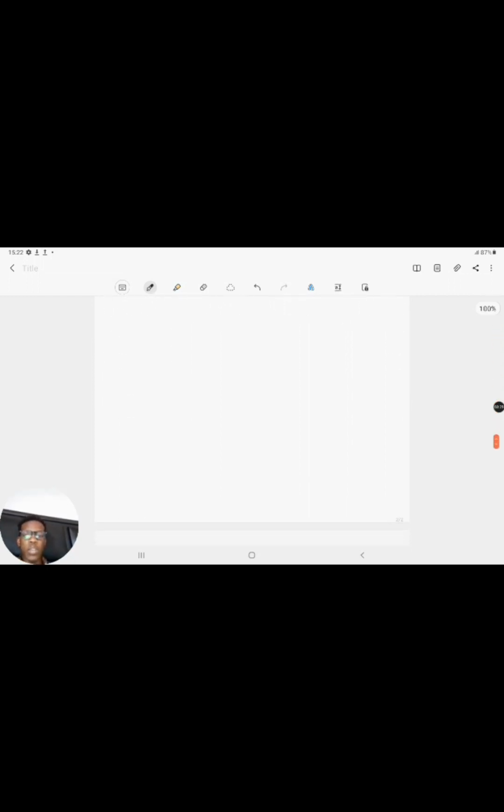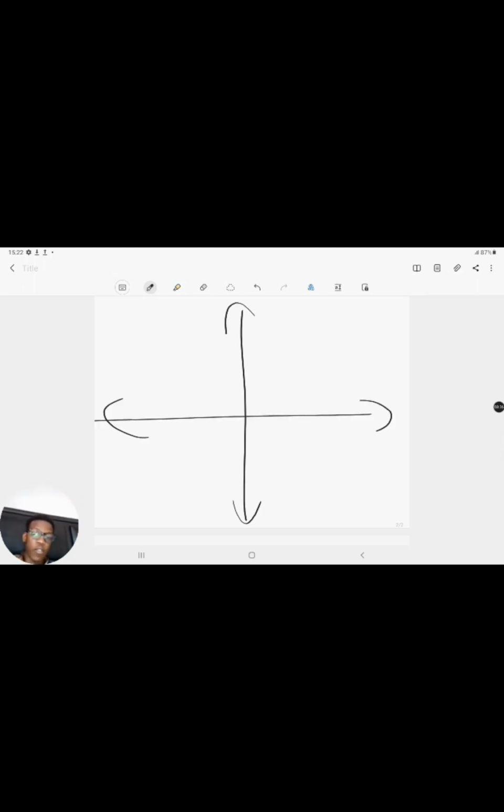I'm just going to quickly explain what that means again, but I did explain it in the first video on functions. If you've got, for instance, a parabola that looks like that, we can use the vertical line test. The vertical line test is that you draw a vertical line, and each time you draw a vertical line at any location, your graph should be intersected by that vertical line at only one point.